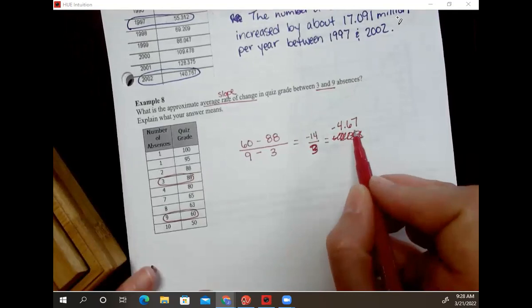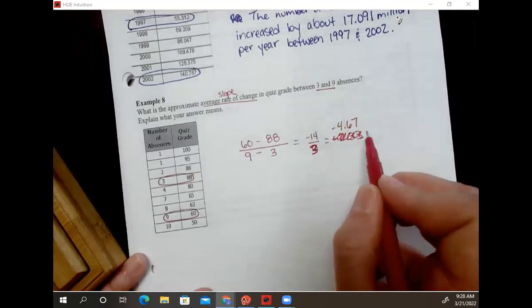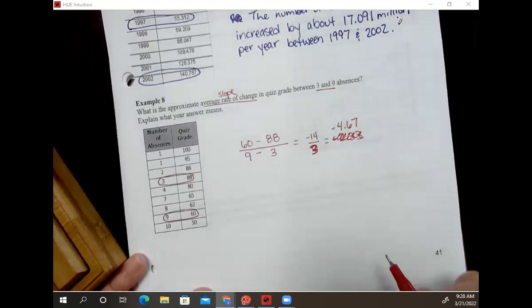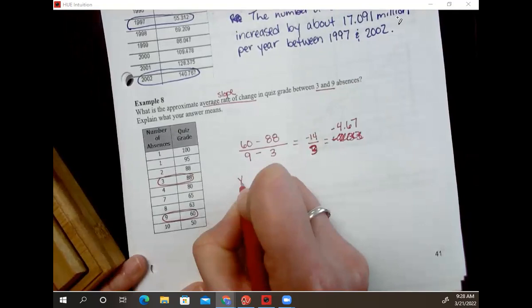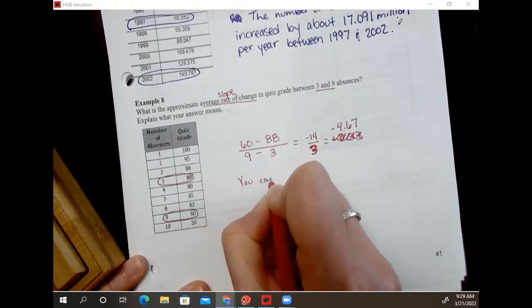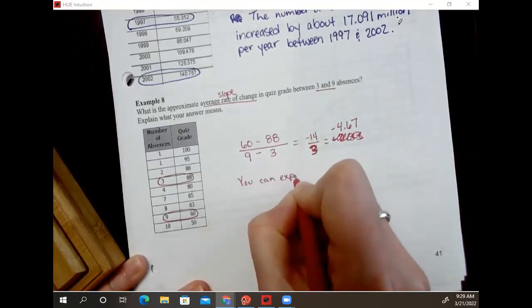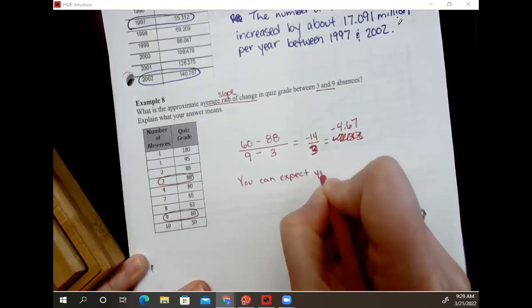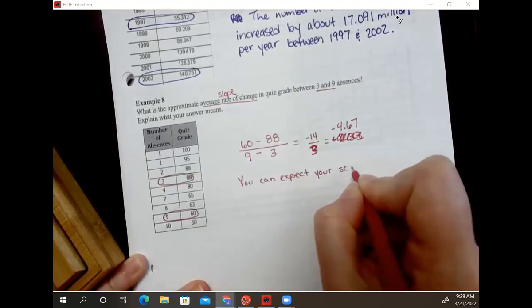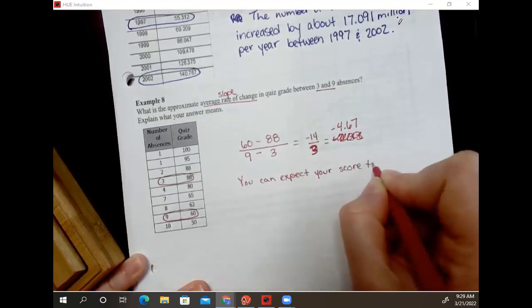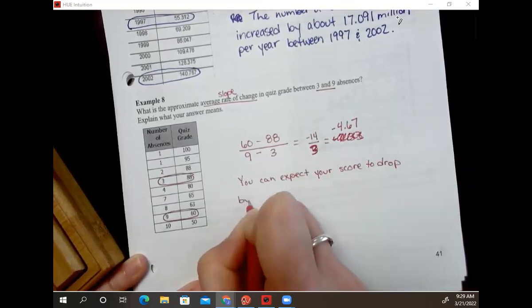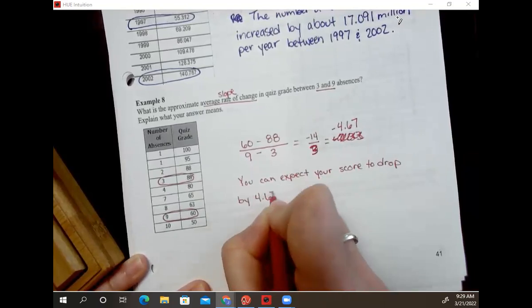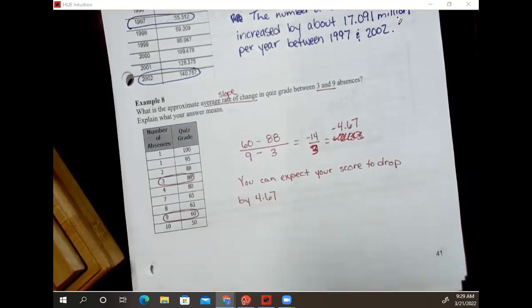So what we're looking at here is the score decrease on our quiz per extra day I miss between 3 and 9 absences. So we'll say you can expect your score to drop by 4.67, and it's dropped since we got negative 4.67.